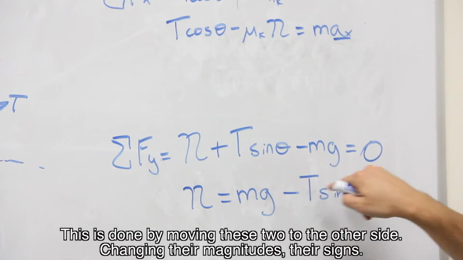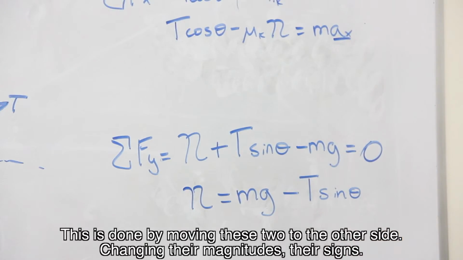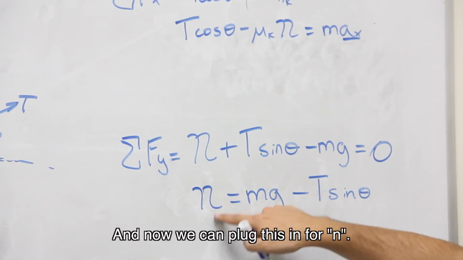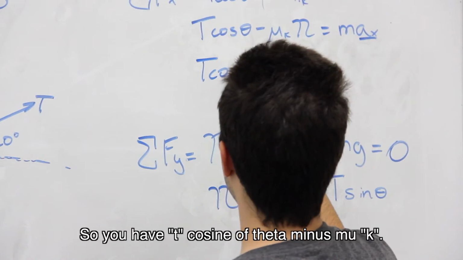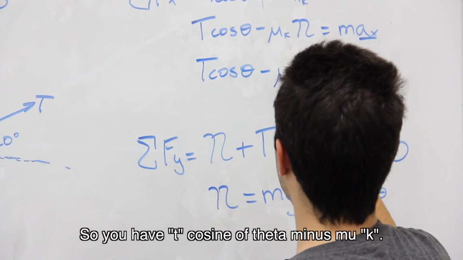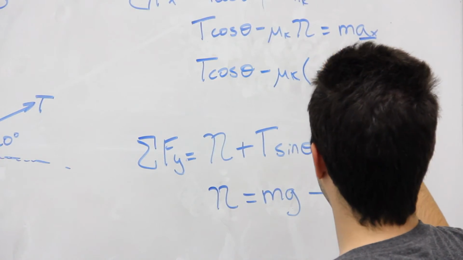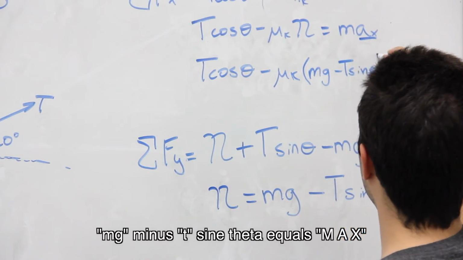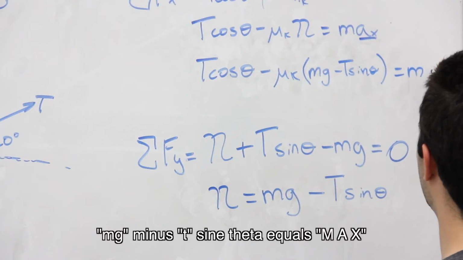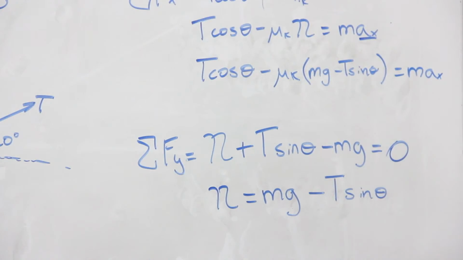This is done by moving these two to the other side, changing their signs. And now we can plug this in for N. So you have T cosine theta minus mu_k times (mg minus T sine theta) equals m a_x.